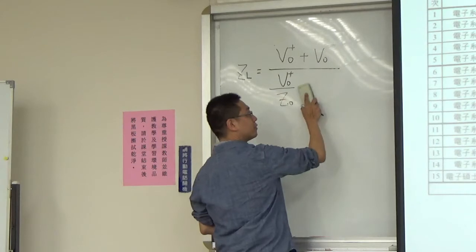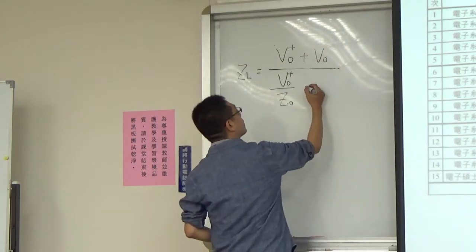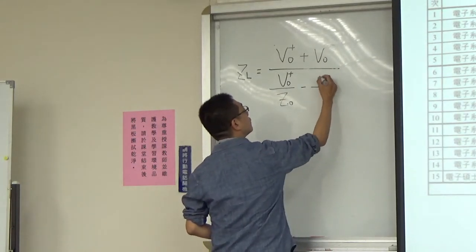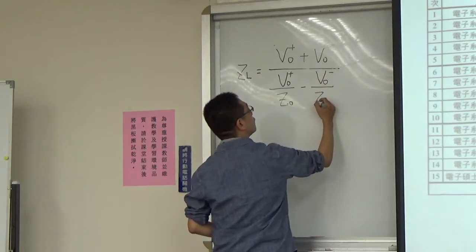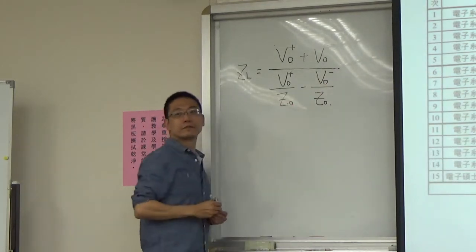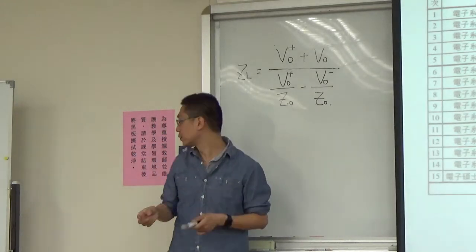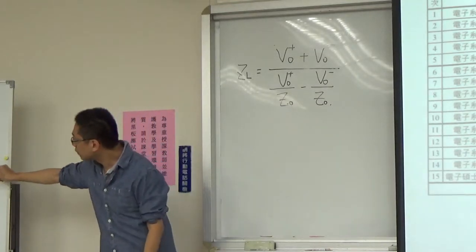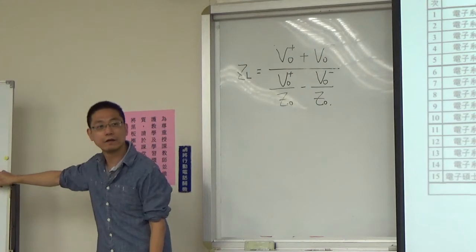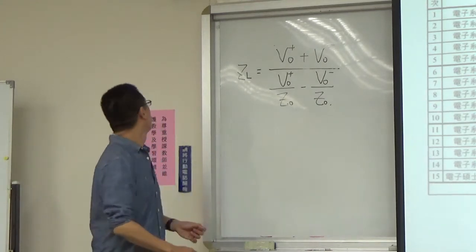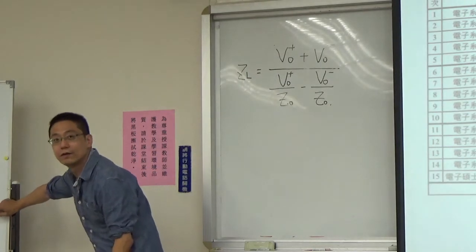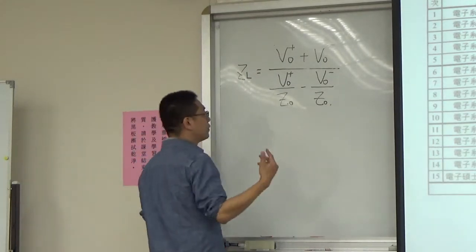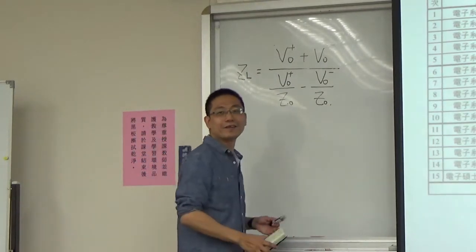Very good, you are listening. Minus V0 minus over Z0. Use this. Then you use this one. We actually did this last week already.